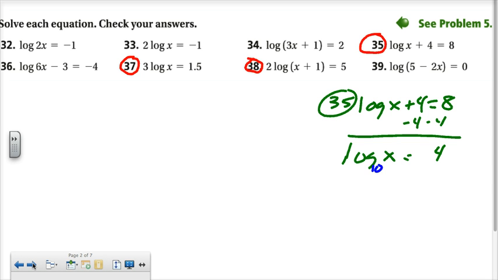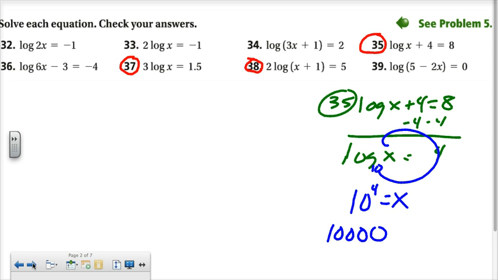We're going to take this logarithm and write it as an exponent. So this would be 10 to the 4th equals x when you make that snail shell pattern. And then, of course, you just plop the zeros on there to get your x value. Easily checkable. Punch it back in the calculator and it's logarithm base 10, so you do logarithm base 10 of 5 minus 2 times 10,000, and that would get you number 35.